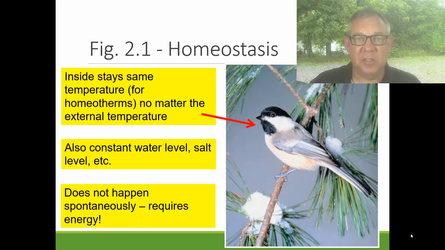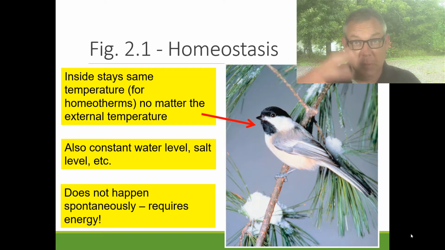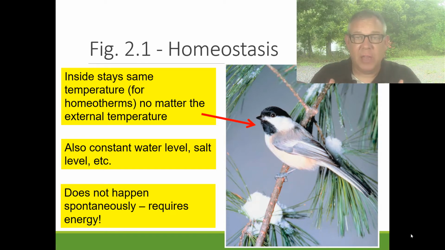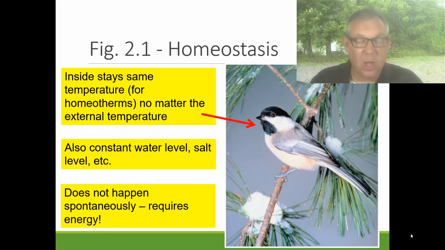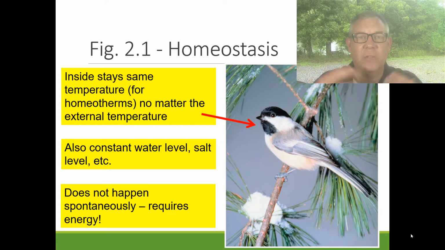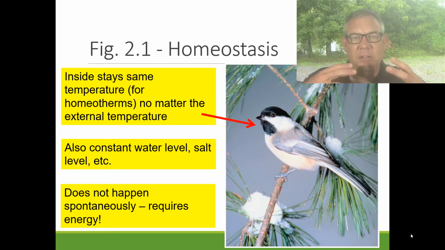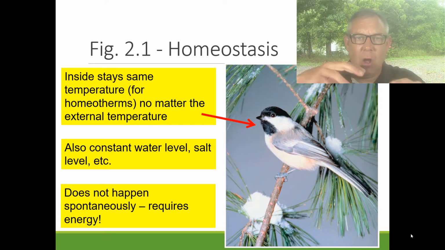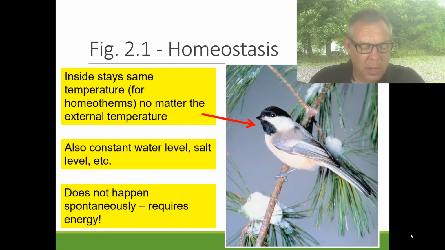Not all organisms maintain the same body temperature, but there are lots of other things that need to be kept constant within the cells, like the water levels, how much water concentration, salt levels. So when we say salt levels, we're not talking just regular table salt, but we're talking all kinds of dissolved ions, all kinds of molecules that are dissolved in the cytoplasm in the cell.